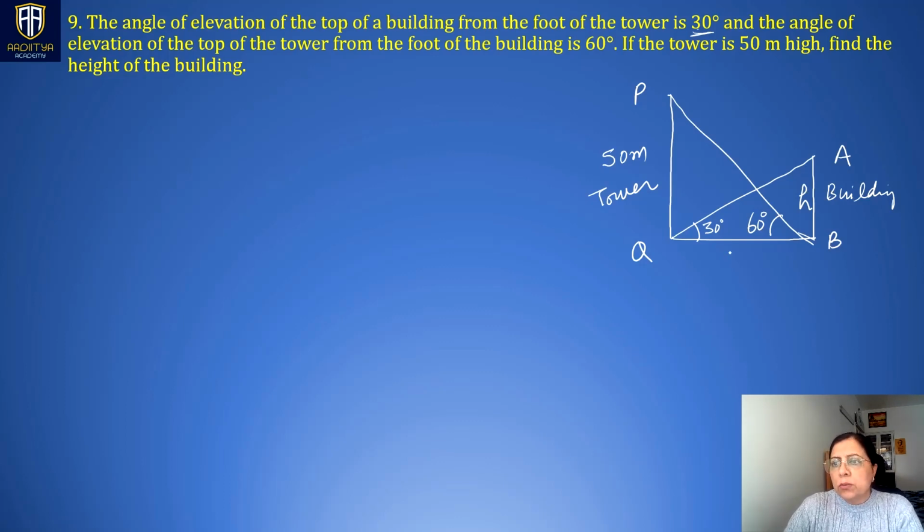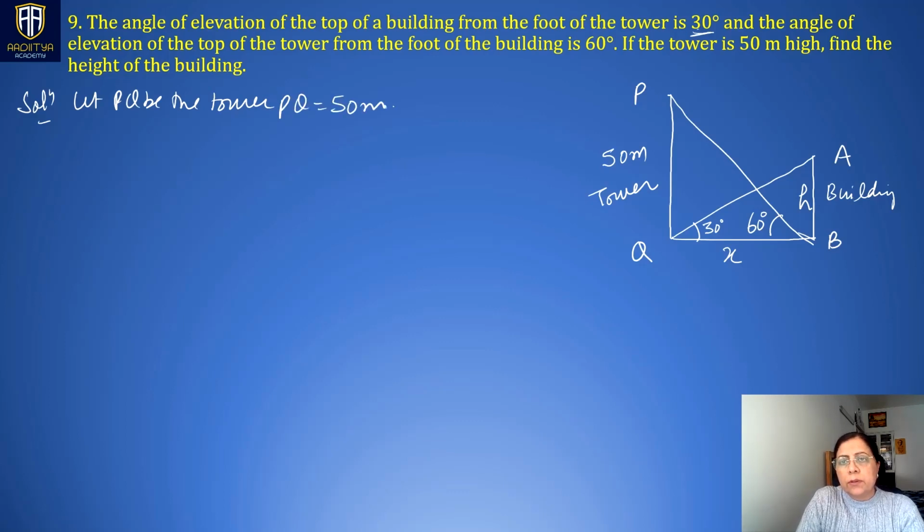Now there is no horizontal distance given to us. Let it be x. Now we define these values here. Let PQ be the tower, so that PQ is 50 meters in height. Let AB be the building.